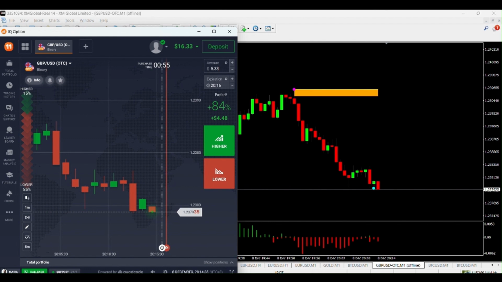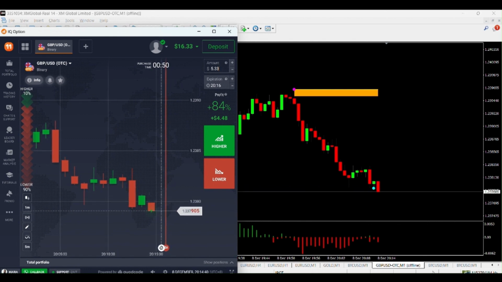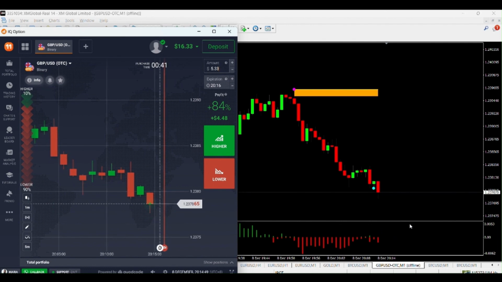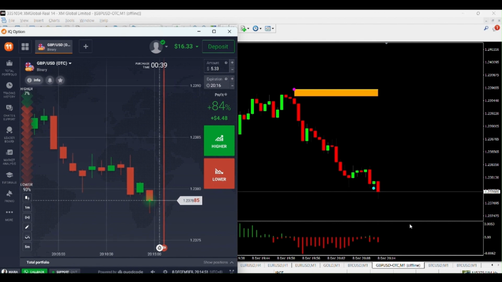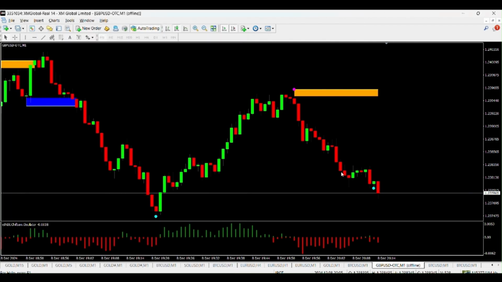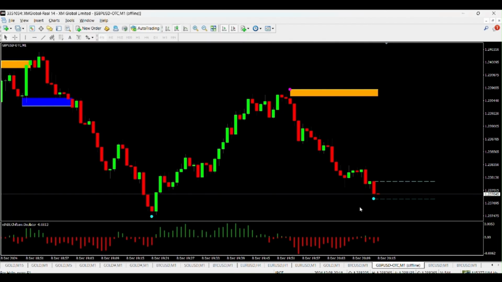And again, the confirmation indicator at the bottom is still showing some red bars. Okay, so again, this is just an experiment, and I'm trying to test the order blocks, the fair value gaps, and the oscillator signal for confluence.